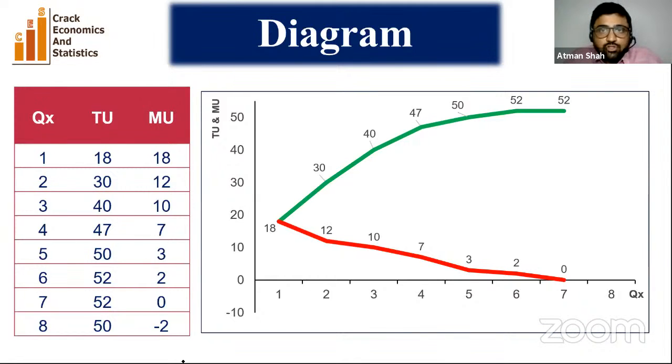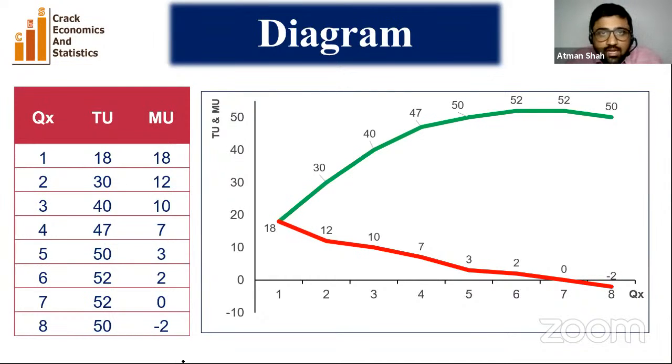Seventh unit, there is no change in total utility and therefore marginal utility is 0. So marginal utility curve touches the horizontal axis and the eighth unit, total utility is 50 and marginal utility is minus 2, that is negative.